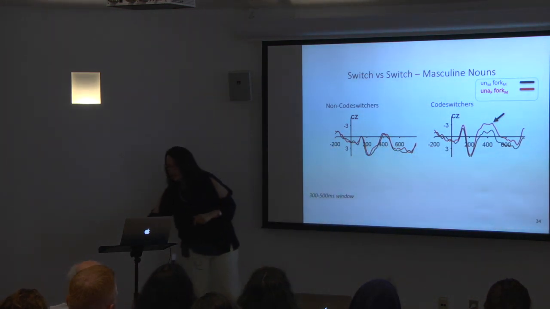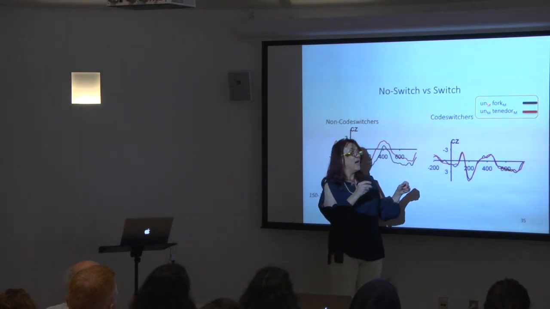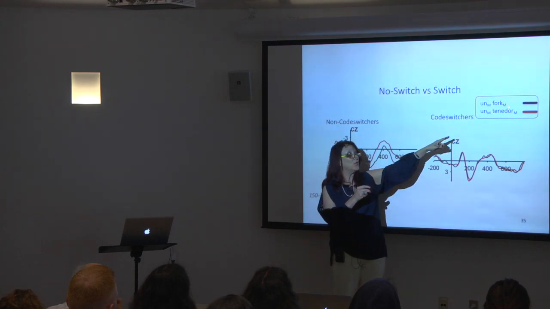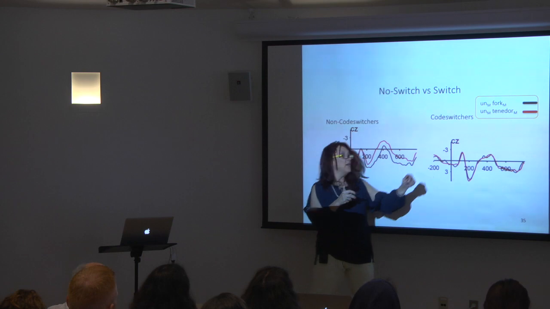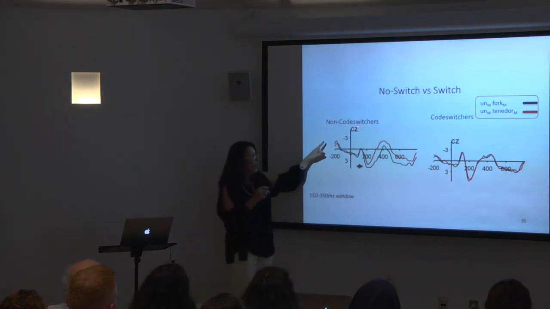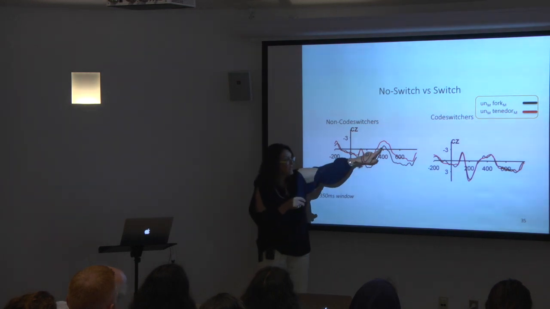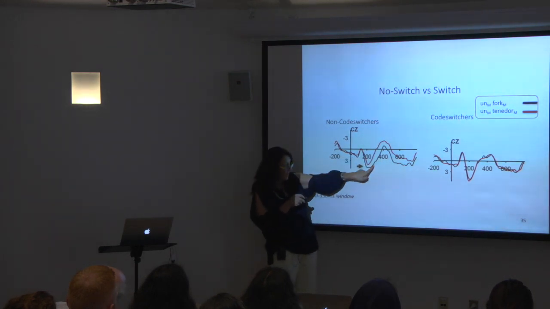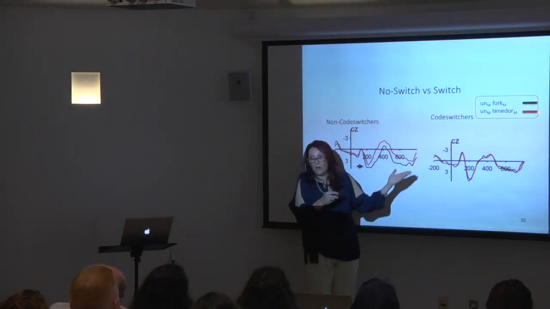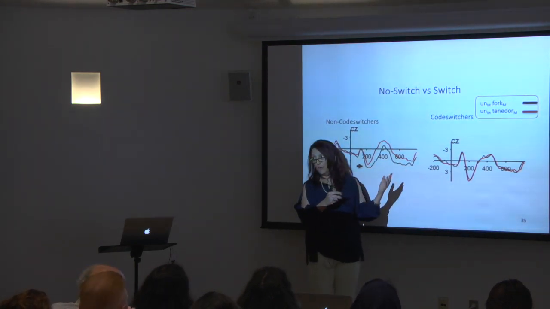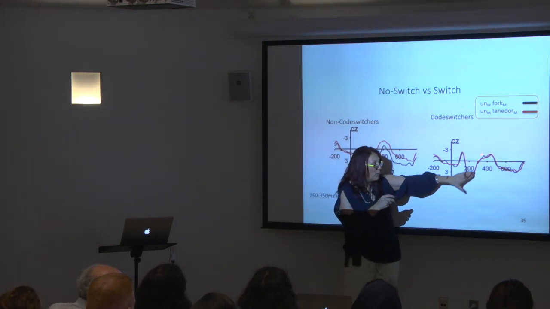We also decided to compare what happened when we compared a code switch with simply a unilingual phrase. And what you find is that the non-code switchers had difficulty processing un fork right here, whereas the code switchers, for them, processing un tenedor or un fork is exactly the same. So you see the lines overlap.